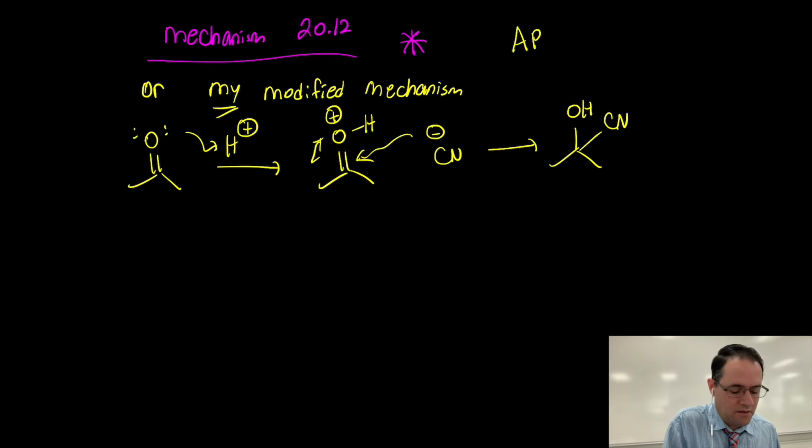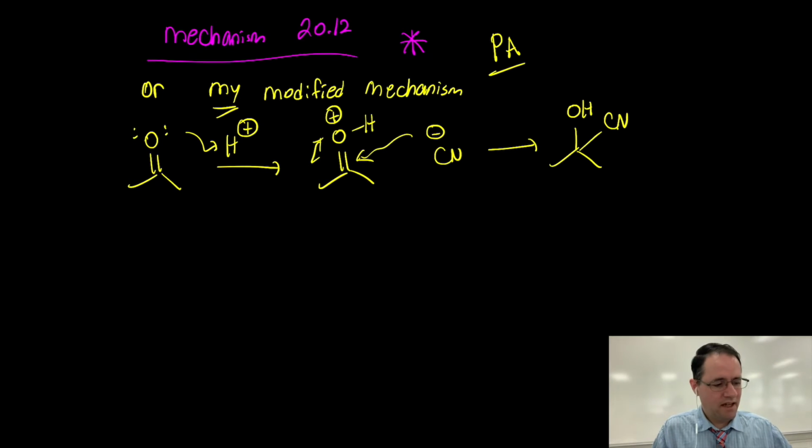Now I like this modified mechanism because it teaches students that if you have an acid, use that in the first step of your mechanism, and it helps them just focus on the patterns instead of trying to remember when do you use this mechanism, when do you use that mechanism. So I would accept protonation, then attack, or in the textbook, they attack, then protonate.